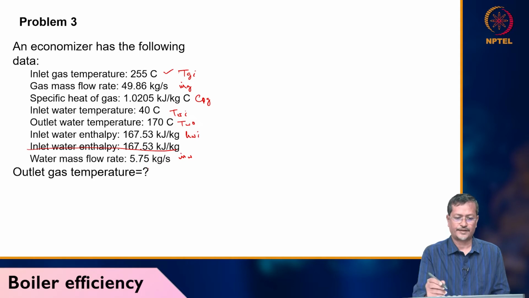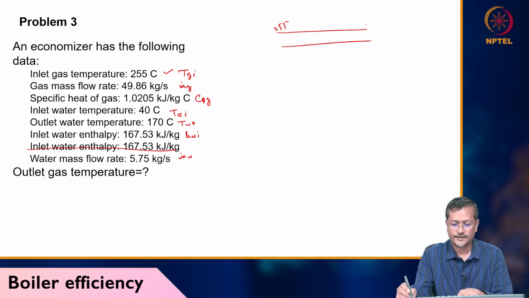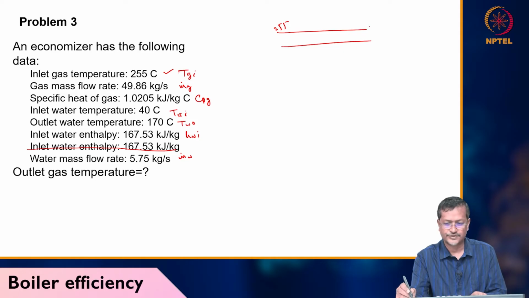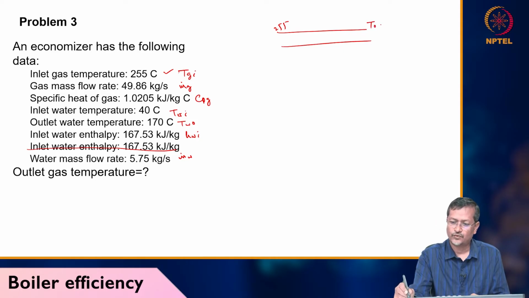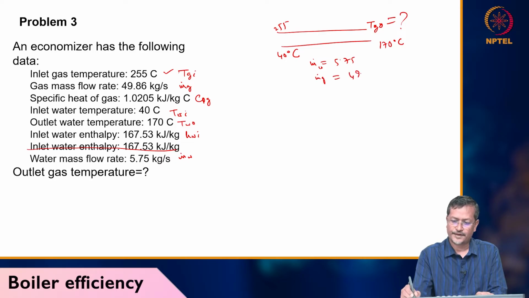The outlet gas temperature I have to find. So let us say I have one economizer with inlet gas temperature 255, and outlet gas temperature not given. Inlet water temperature is given as 40 degrees centigrade, outlet water temperature 170 degrees centigrade. Water mass flow rate is given as 5.75 and gas flow rate is given as 49.86.